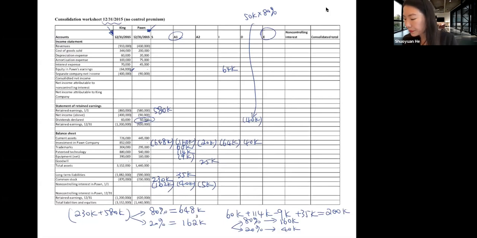So the current year amortization for the patented technology is 6,000. The depreciation for equipment is 1,000. And for long-term liabilities it is 5,000. So patented technology is an intangible, that is amortization expense.